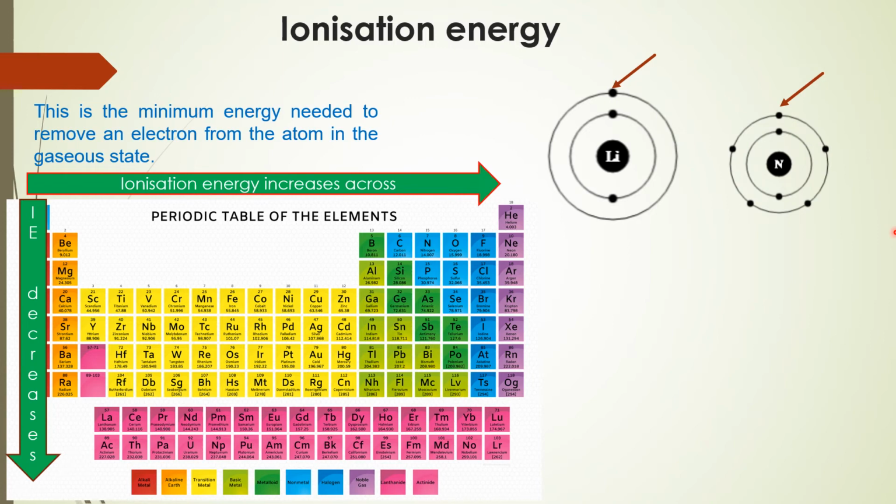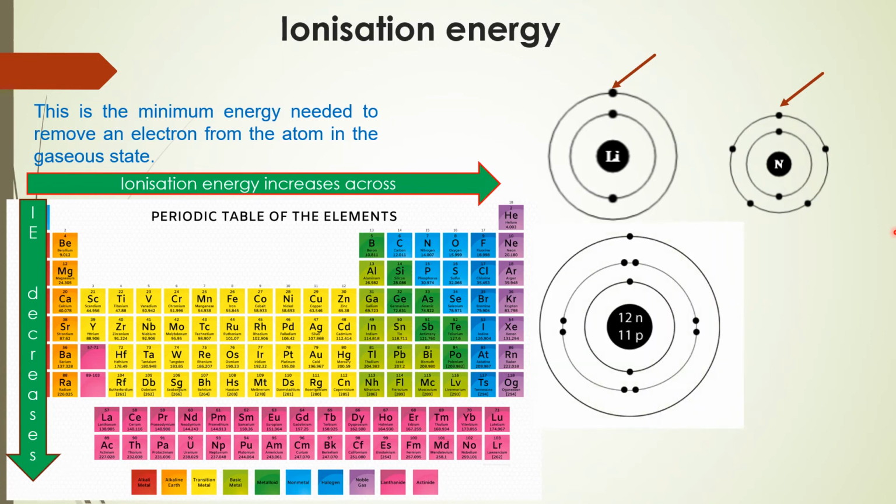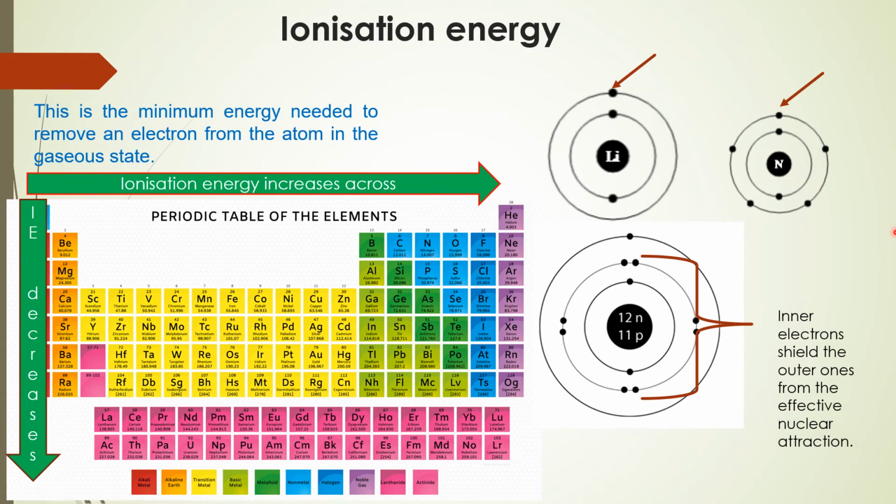Now when we're looking at the trend going down the group, the ionization energy is going to decrease. And this is the reason why it happens. If you look at the trend going down the group, you will notice that there is an addition of a new shell. So the inner electrons will try to shield the outer one. By that we simply mean that these inner electrons will repel the outer electron, so the outer electron will be moved away.